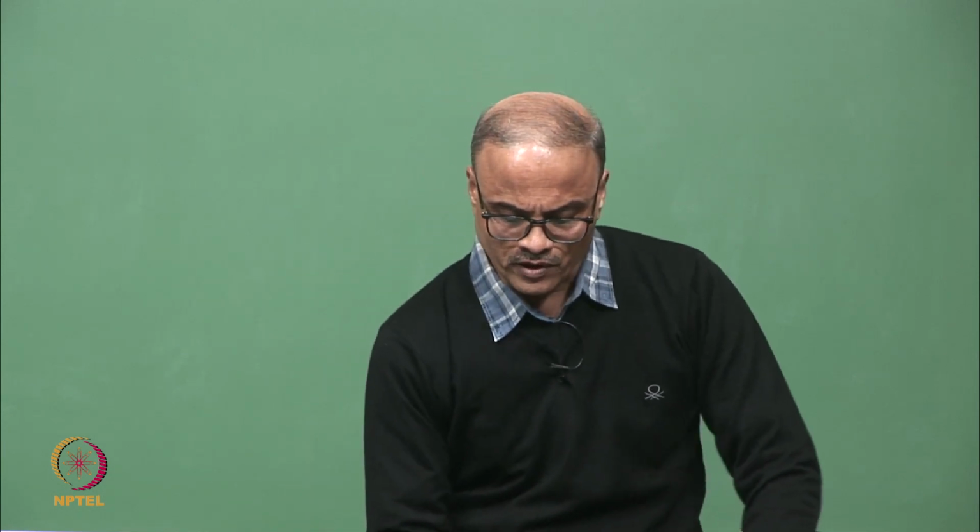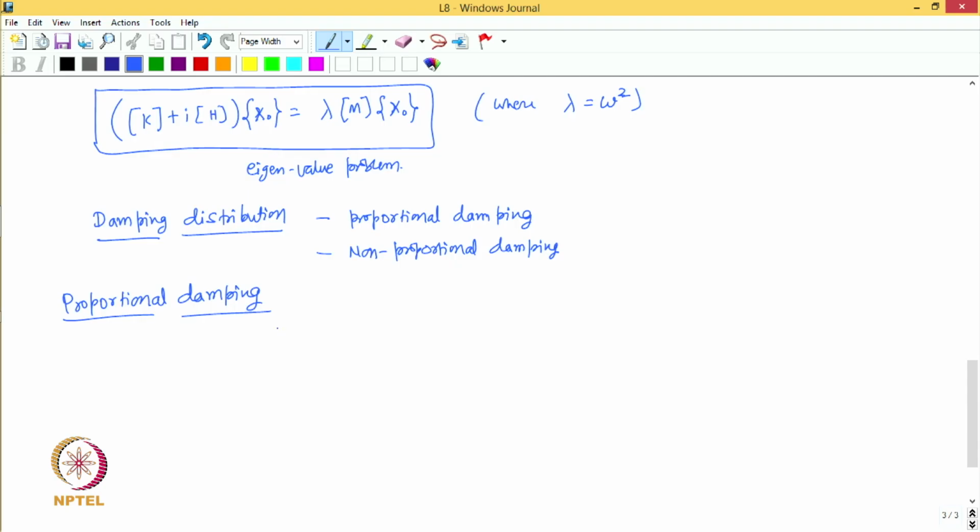So, if you take a distribution where the damping is proportional to a linear combination, then we can write the damping matrix H as a linear combination of stiffness and mass matrix, that is, beta k into the stiffness matrix plus beta m times the mass matrix.